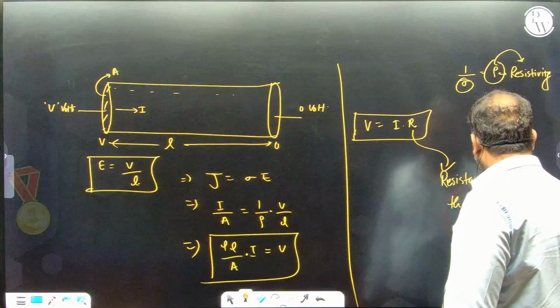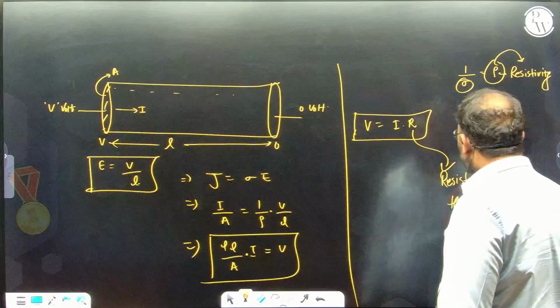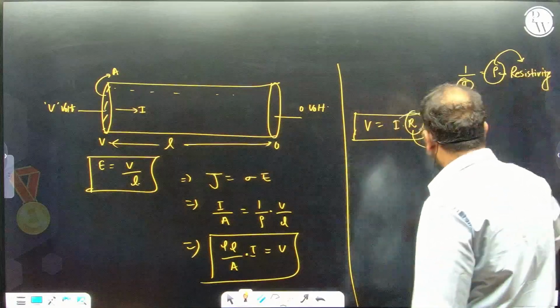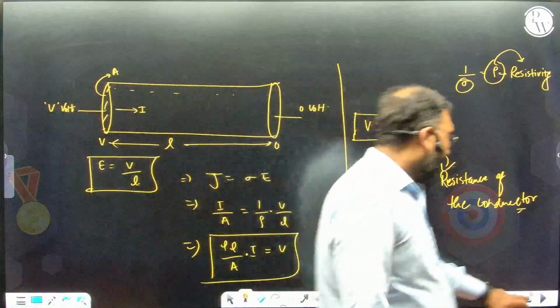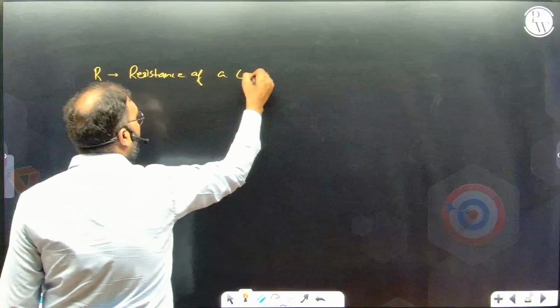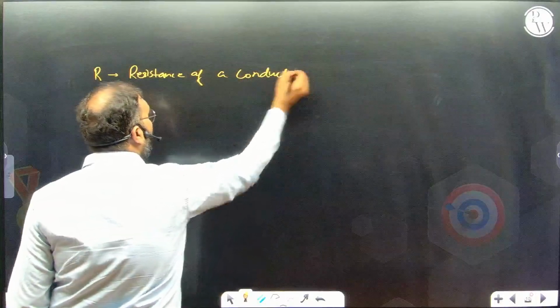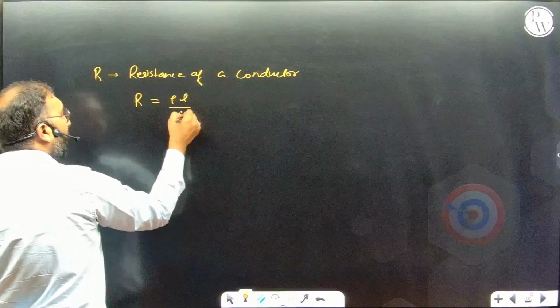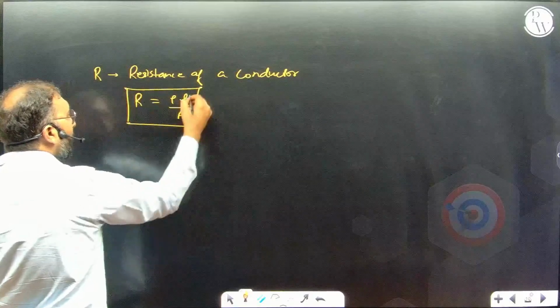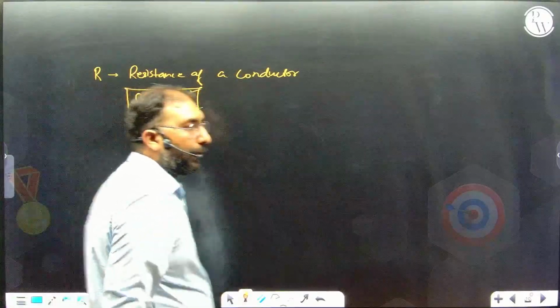Now you will be confused about something: R is resistance, rho is resistivity. What is the difference? My dear student, you have to understand one thing: R is the resistance of a conductor, and this value depends on the dimensions of the conductor, rho L by A. So it depends on the length of the conductor and the area of the conductor.